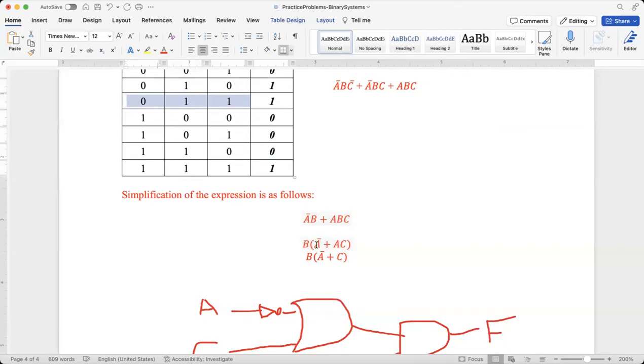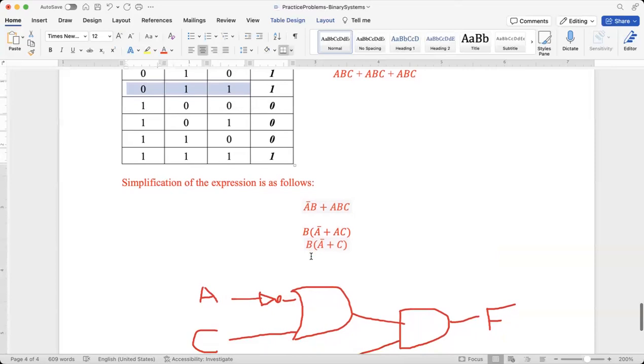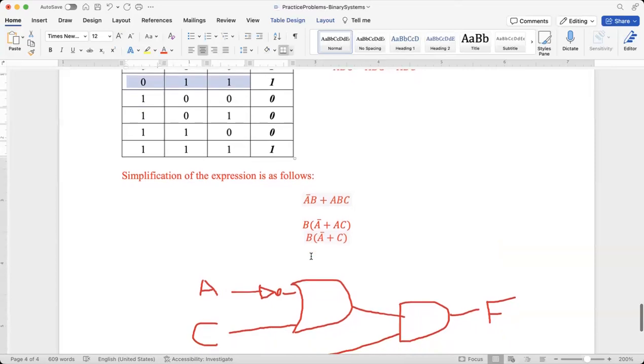And then I have not A distributed over C, C. Since I could eliminate not A or A, the only expression that I am left with is not A or C here. We have B on the outside, and this is the simplest expression that we can get from this circuit.